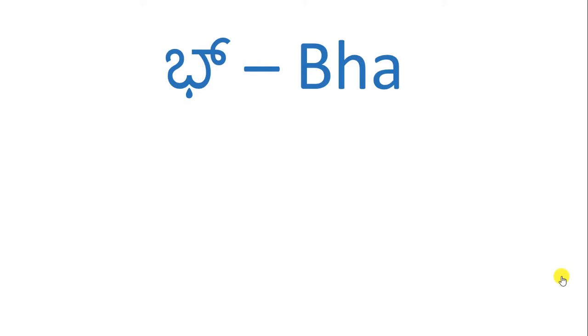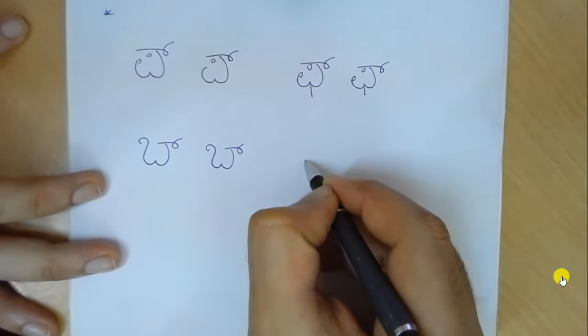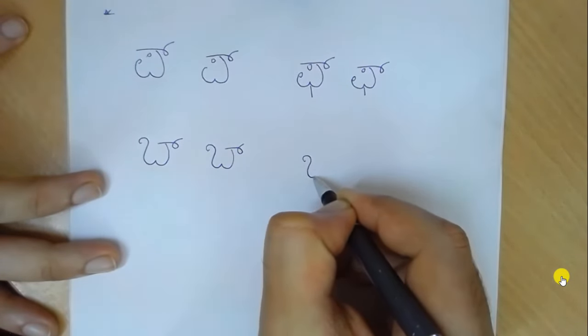The next root consonant is B. This is a heavier version of the previous one, and I cannot give you an example where this is used in English. The way you write it is similar to the previous one with a tail at the bottom.